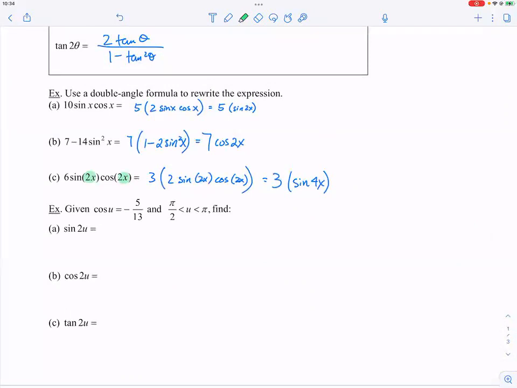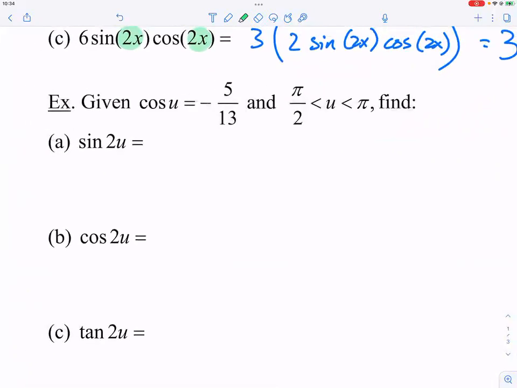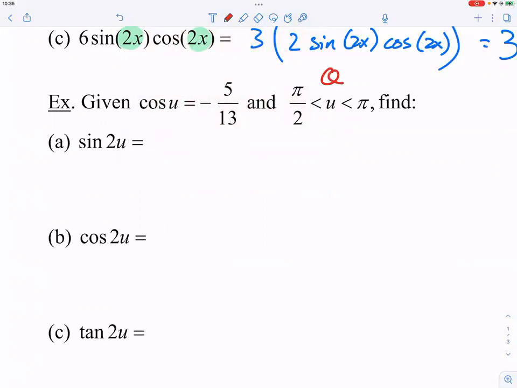All righty. Now go ahead and take a look at the bottom one. We have these angles and stuff. It tells us that cosine of u is -5/13, and pi over 2 is less than u is less than pi. That means U is in which quadrant? U is in quadrant 2.